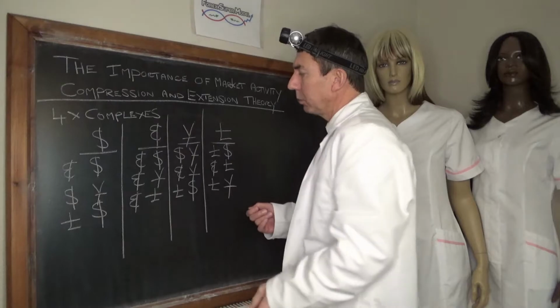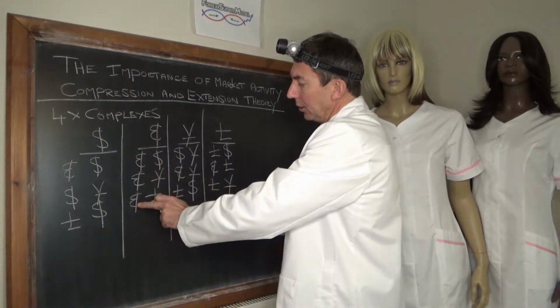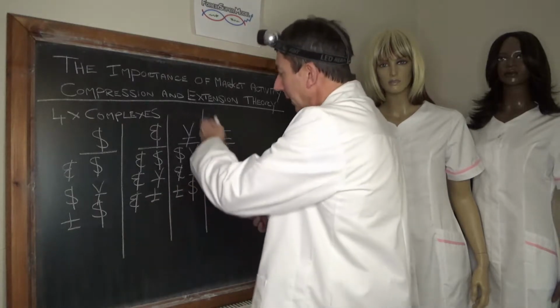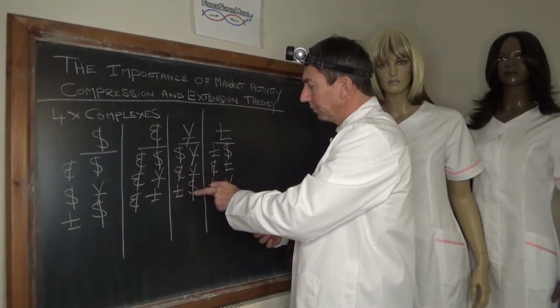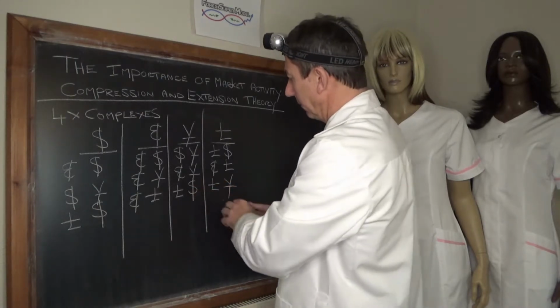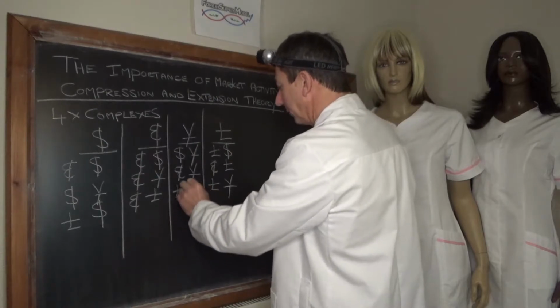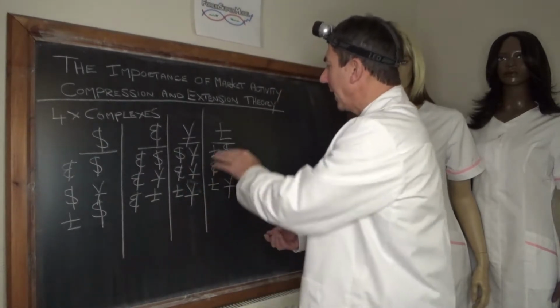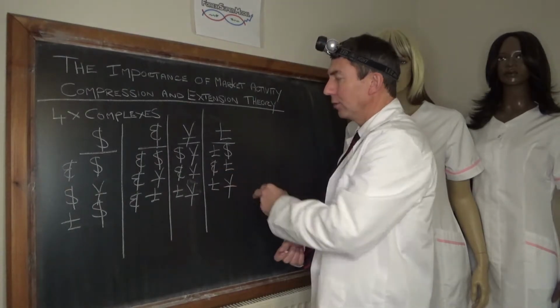The euro complex is made up of the euro dollar, the euro yen and the euro pound. The yen complex: dollar yen, euro yen, pound yen, oops, made a mistake there. And the pound complex is made up of pound dollar, euro pound, pound yen.